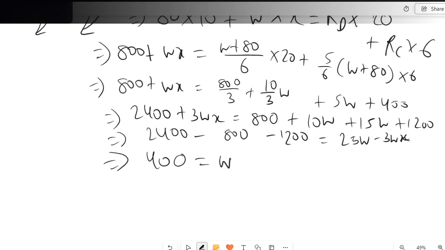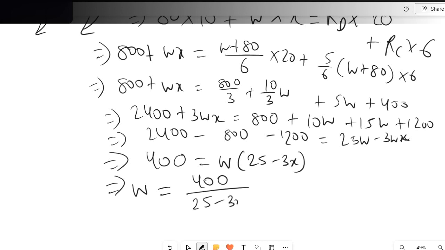So we can take a common factor of W and get 25 minus 3X. So making W our subject, we get 400 divided by 25 minus 3X, and this is what we had to show.